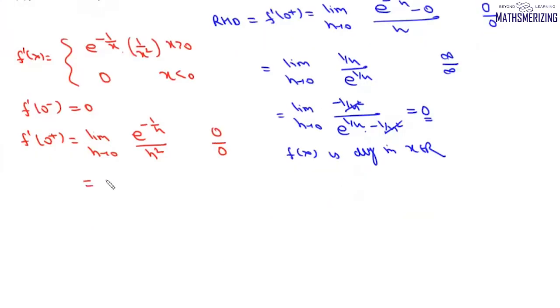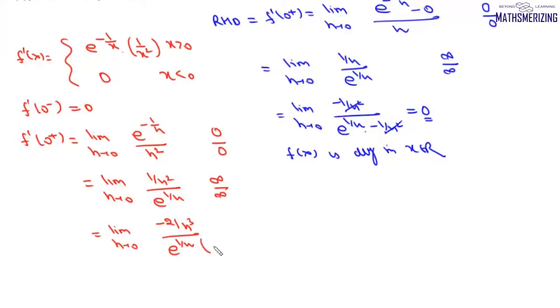Now again we write this as limit h tends to 0, 1 upon h square e to the power 1 upon h, which is infinity upon infinity form. We can write this as limit h tends to 0, and by L'Hopital, minus 2 upon h cube e to the power 1 upon h and then minus 1 upon h square.